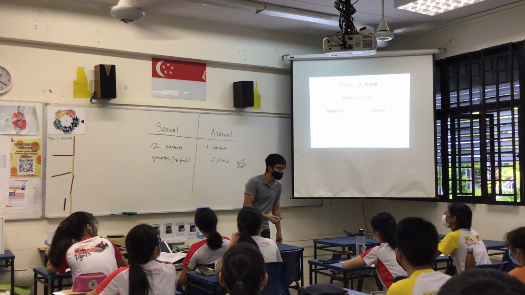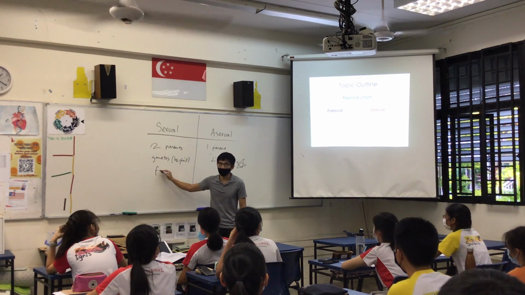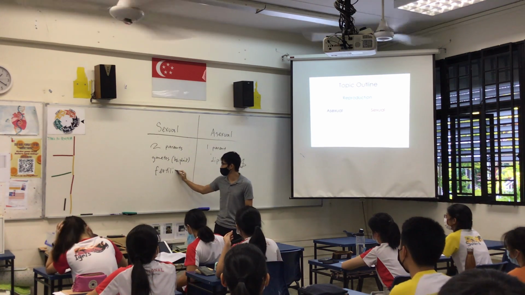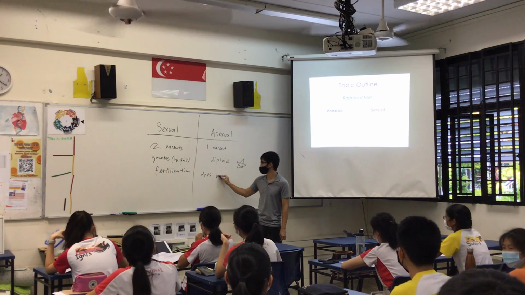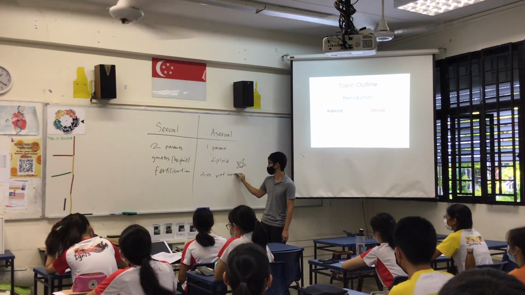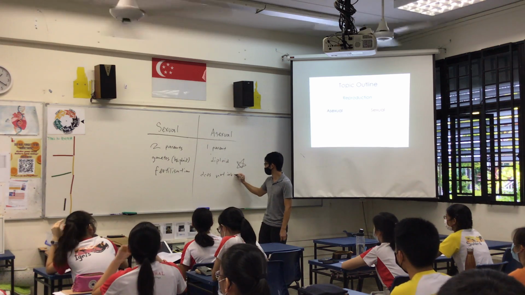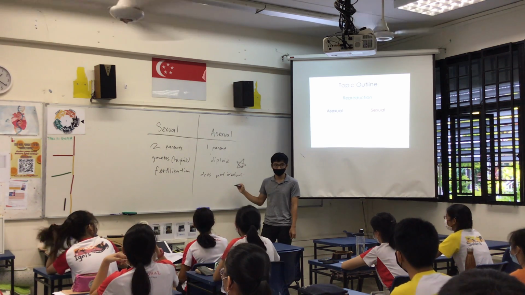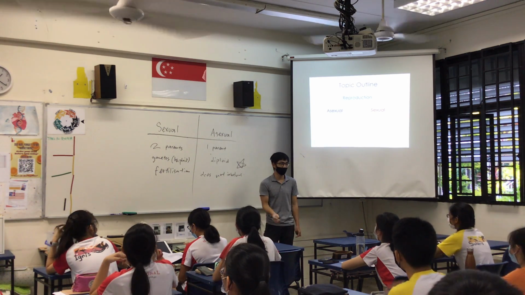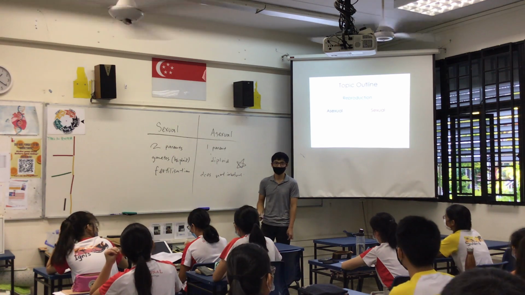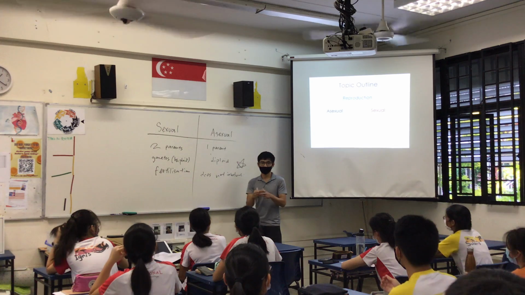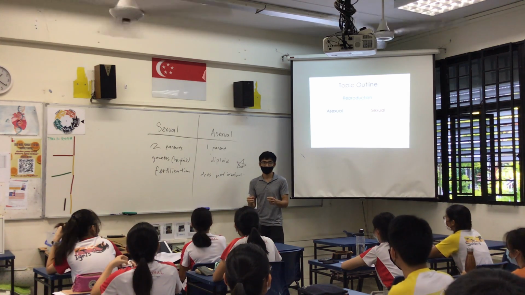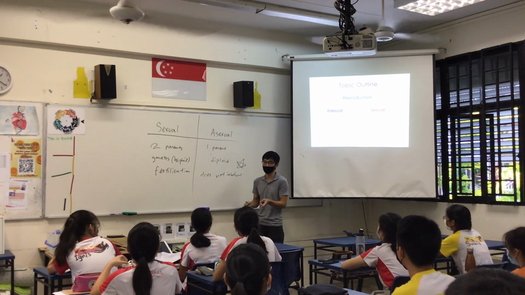Fertilization, yeah? Okay, sexual involves fertilization. Asexual does not. Is that true? We'll see the examples that are coming up. You know, like unicellular bacteria. They reproduce. Is that considered asexual reproduction?